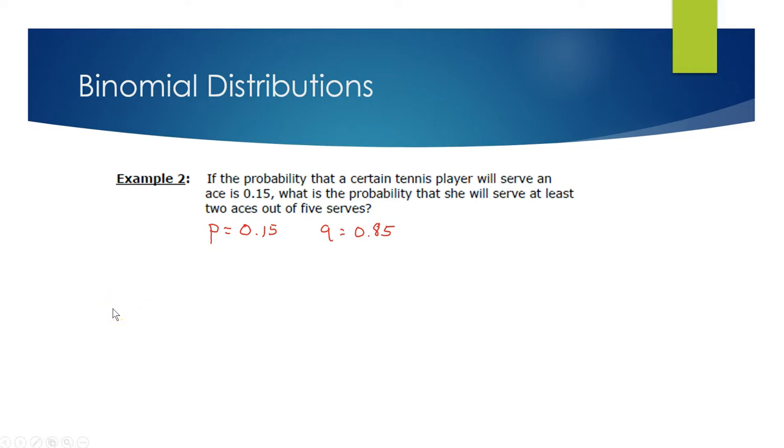However, it's a little easier if I think of the fact that the probability of having 2 or more aces is 1 minus the probability of having 1 or less, because that's the exact opposite. So if I do 1 minus that, then there's only 2 probabilities I have to figure out: the probability that there's no aces out of 5, or the probability that there's 1 ace out of 5, and do 1 minus that.